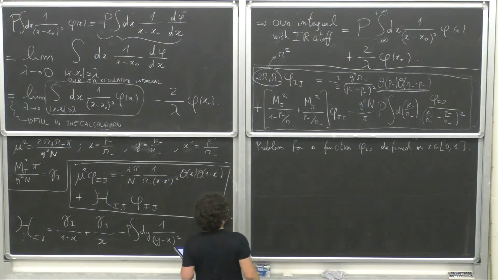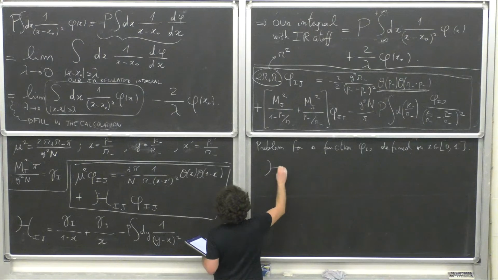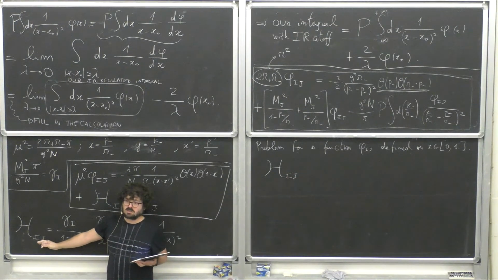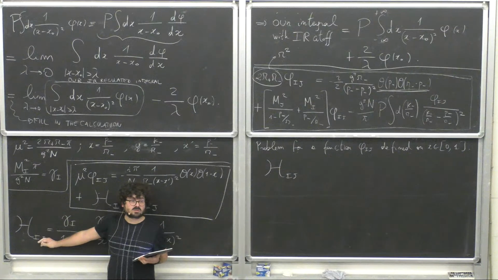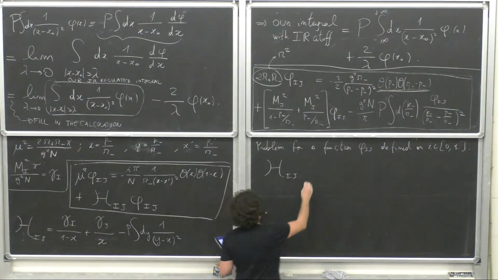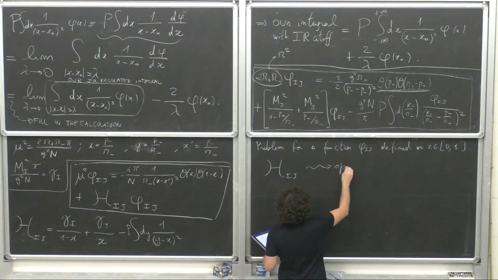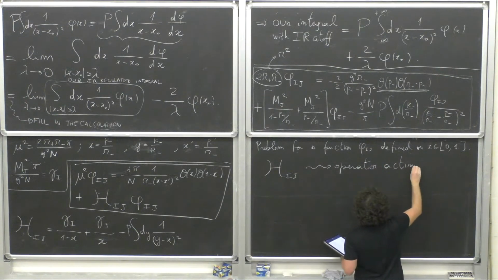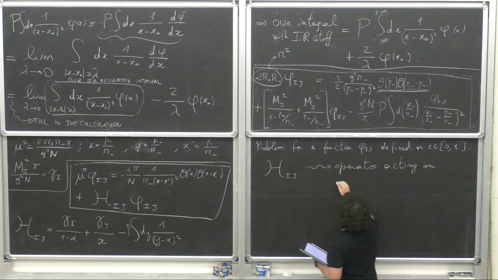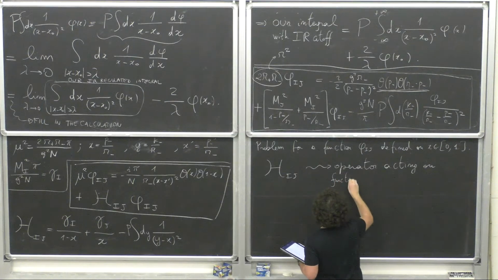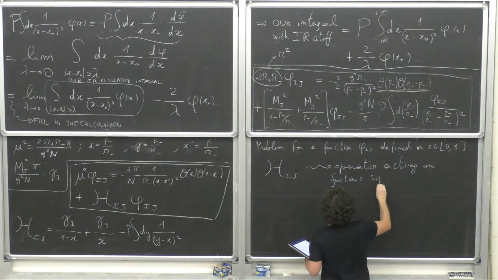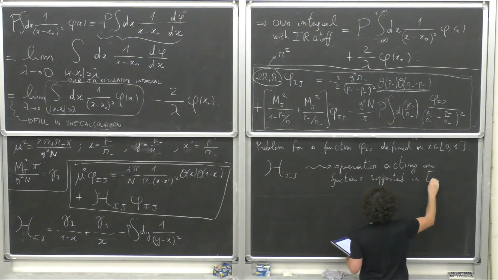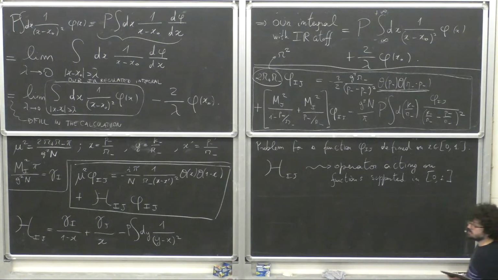This Hij is an operator acting on some space of functions on this interval, an operator acting on functions supported in 0, 1.